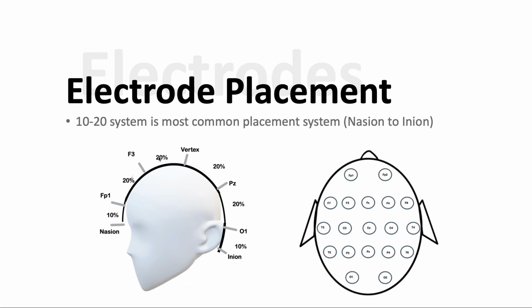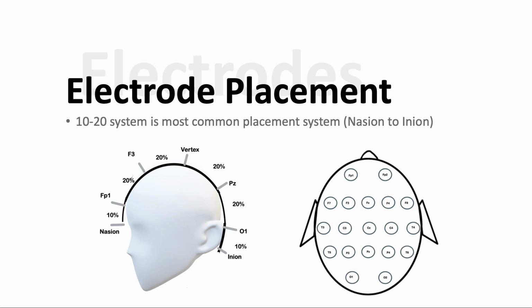So this is a good perspective when you're looking at the head from the side. However, if you're looking from the top down at the scalp, you might see it this way, where if you have the nasion here, it would be 10% here to FP1, then 20% to F7, and then 20% more to T3, and then 20% to T5, 20% to O1, and then 10% to the inion.